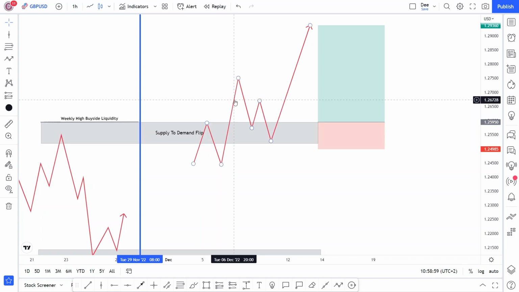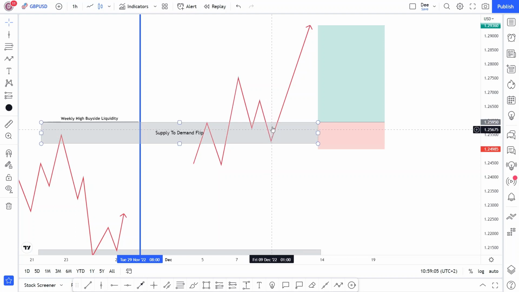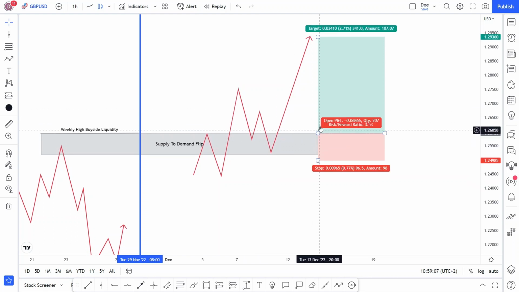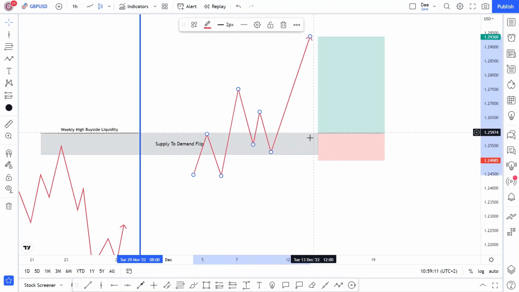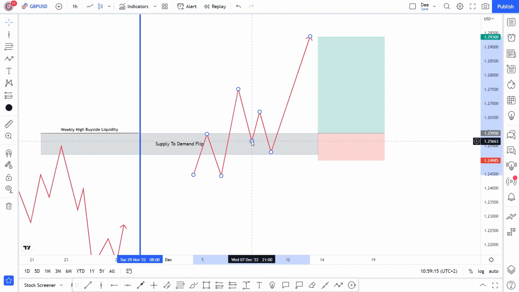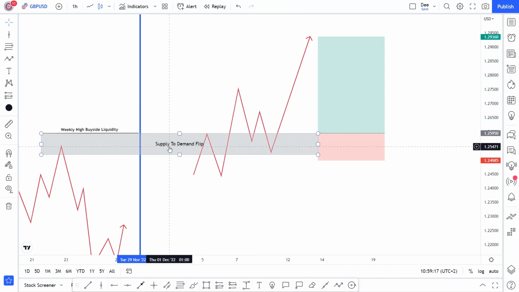So it also activates the pending orders, and it comes and activates as well the breakout traders, and it immediately rallies up without any liquidity grab or without hitting the stop losses of buyers. Okay, so we have as well here the supply to demand flip. So the market comes to test this supply as a demand zone, and it rallies to the upside.